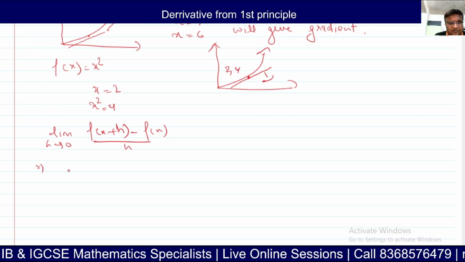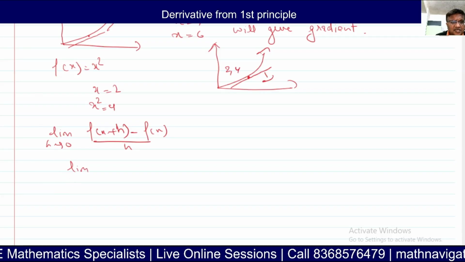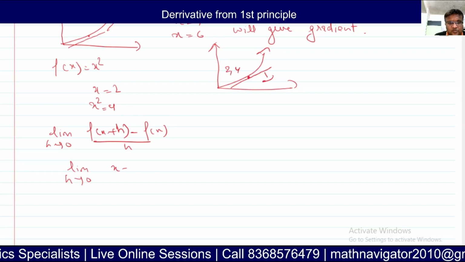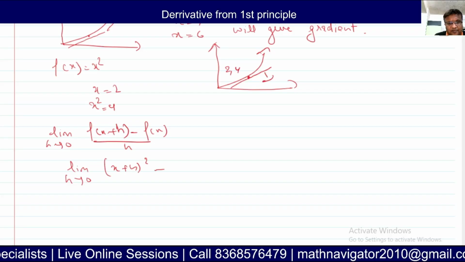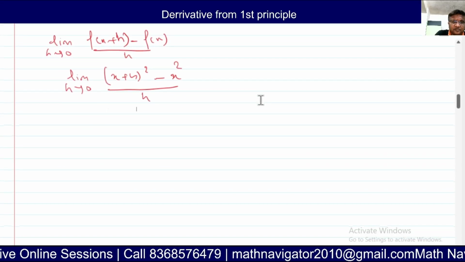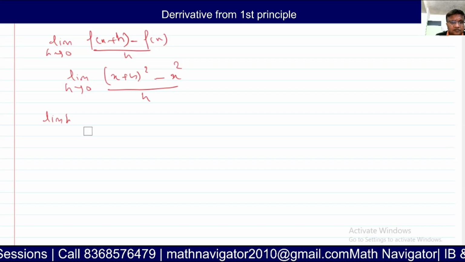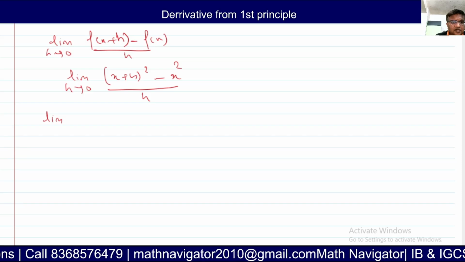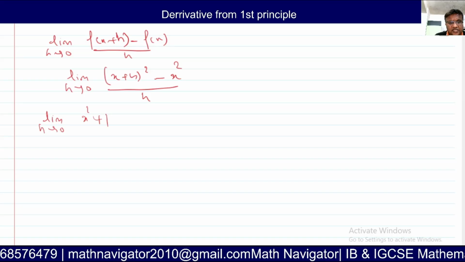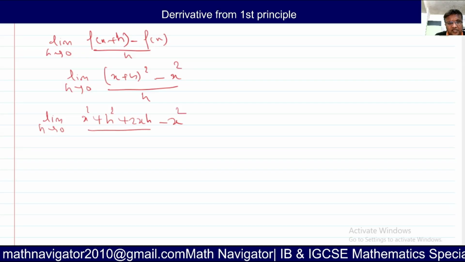Now this will give me limit h tends to 0, f of x plus h, that means (x plus h) whole squared minus x squared over h. So limit h tends to 0, x squared plus h squared plus 2xh minus x squared over h.